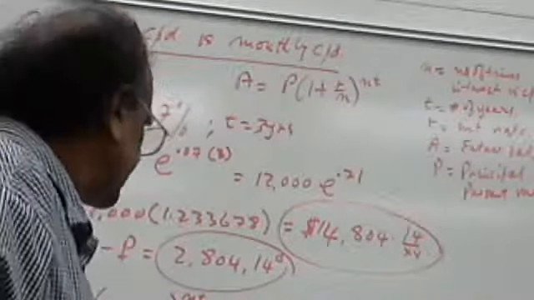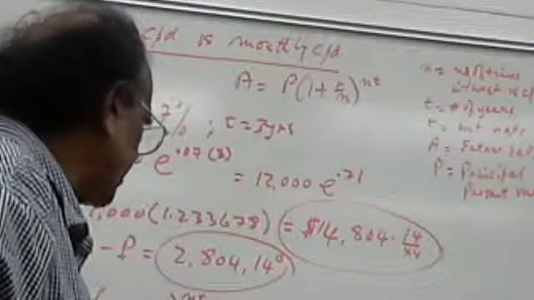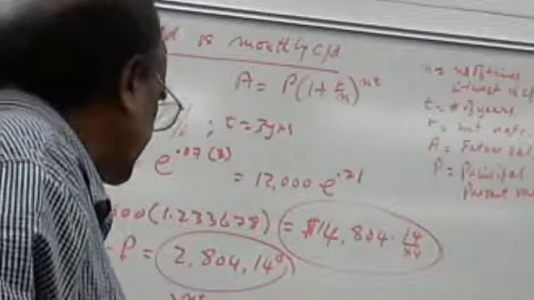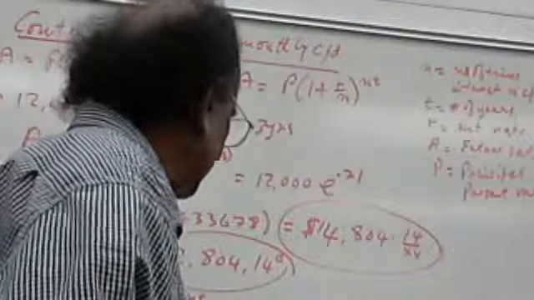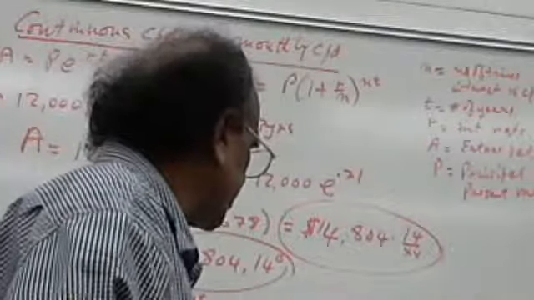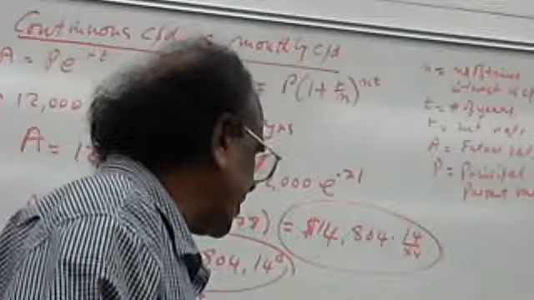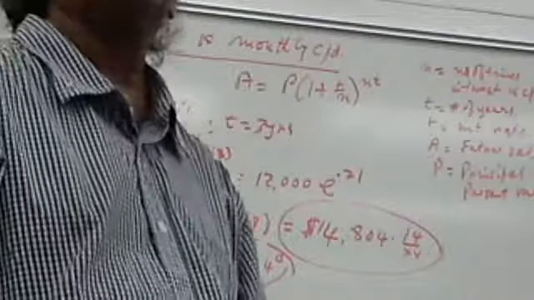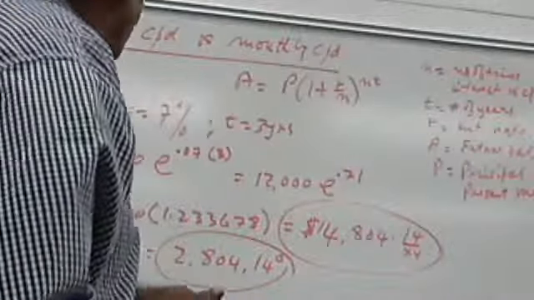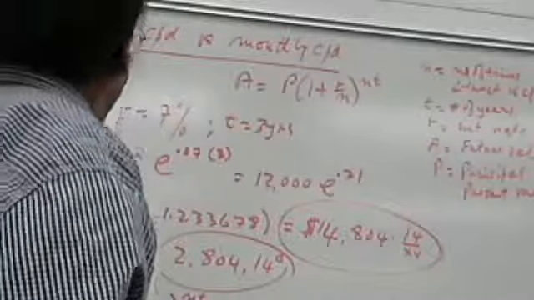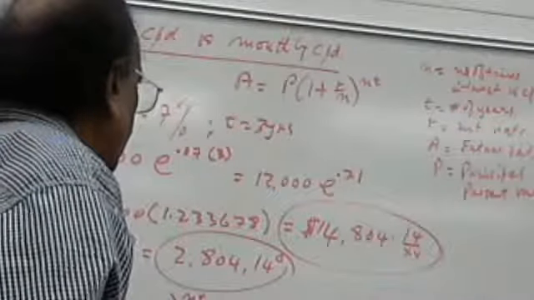Compounded on a monthly basis, the same amount at the same rate for the same time gives us $14,795.11, and our interest turns out to be $2,795.11. So there you see there is a slight difference between these two investments, but our principal amount was only $12,000.